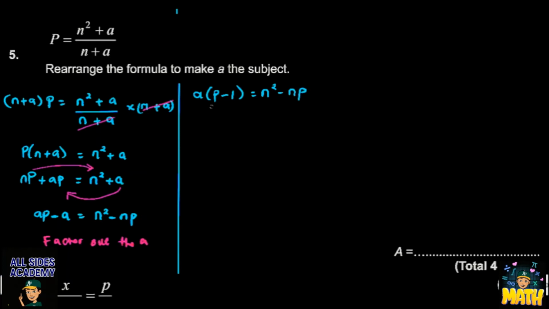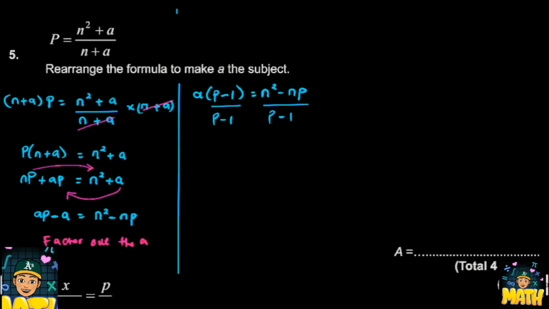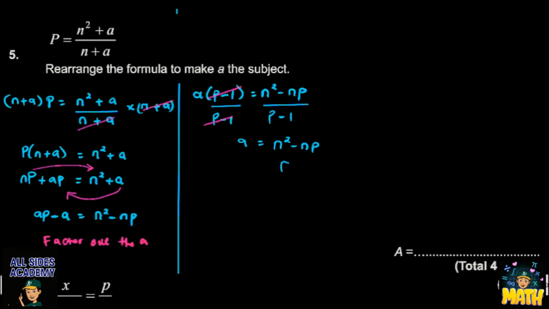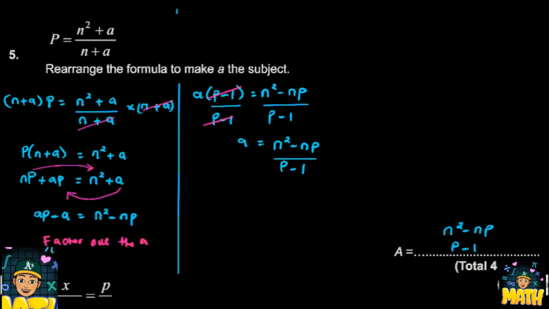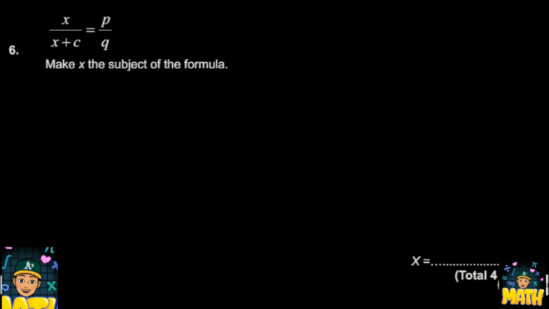So I do the next thing, which is divide the p minus 1 on both sides. So that is p minus 1, p minus 1. The two cancel out. And then I have a equals to n squared minus np over p minus 1 as the last step of that equation. So I have made a the subject of the formula in this case.